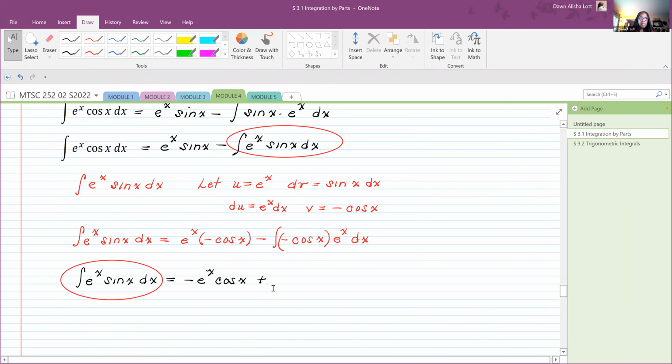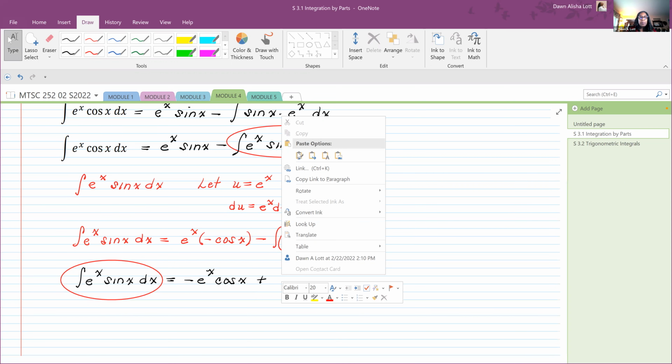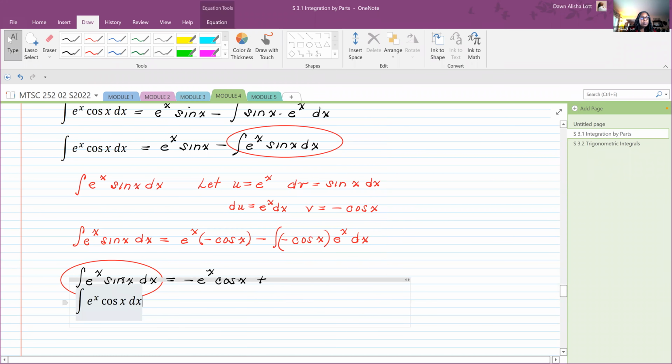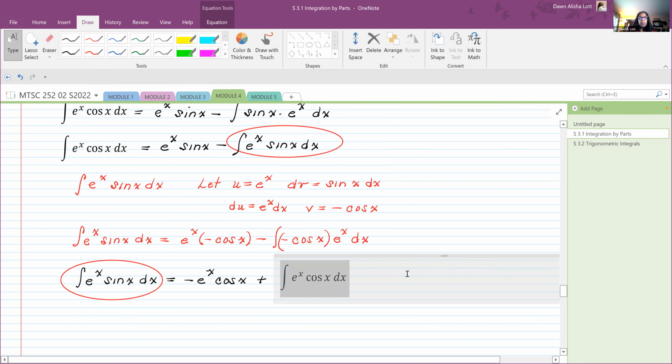And once again, my e to the x cosine x pops up. There it is. There's my e to the x cosine x. It pops up again. Okay, so that means this now goes in there.